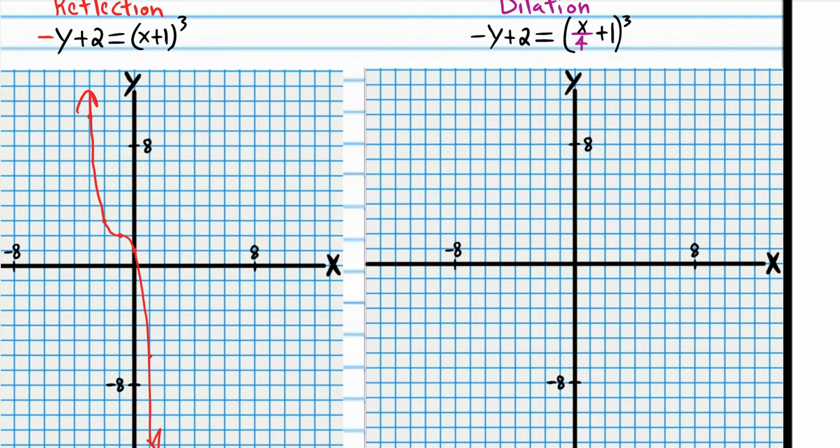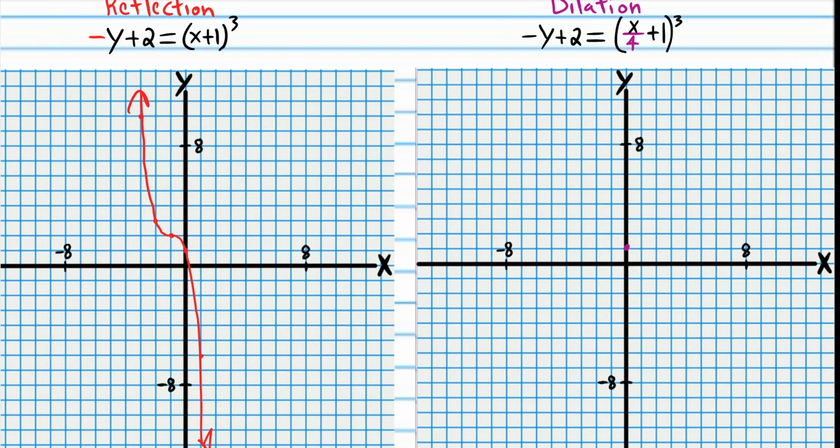So this x value is going to be multiplied by 4, but that x value is 0, so it's not going to go anywhere. This x value is negative 1. Multiplied by 4, you get negative 4. So that point's going to go about there.